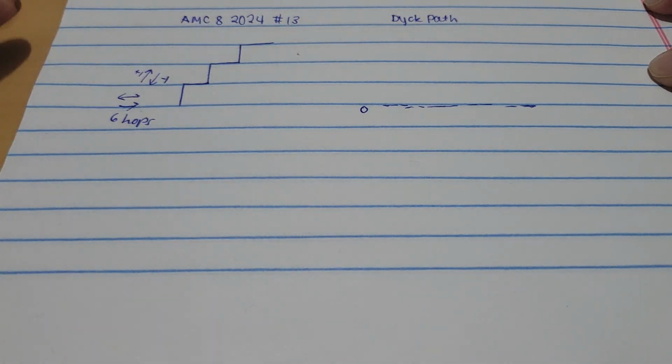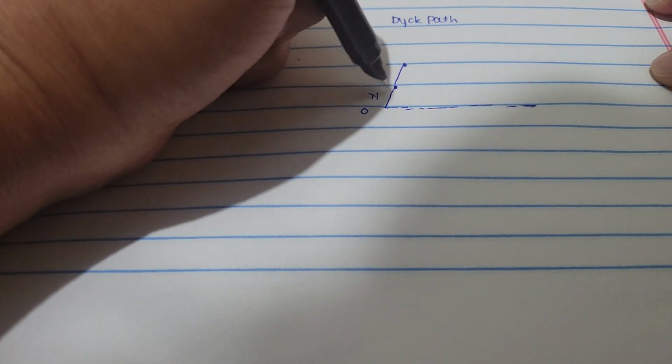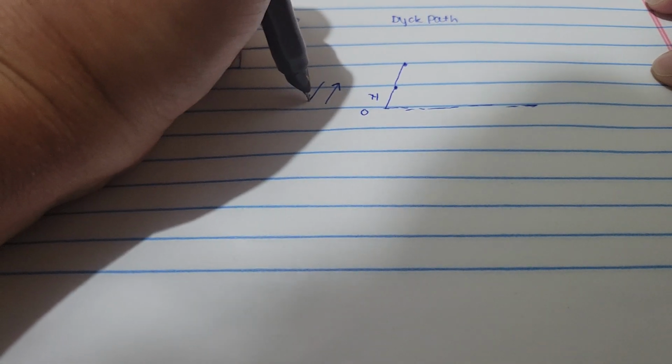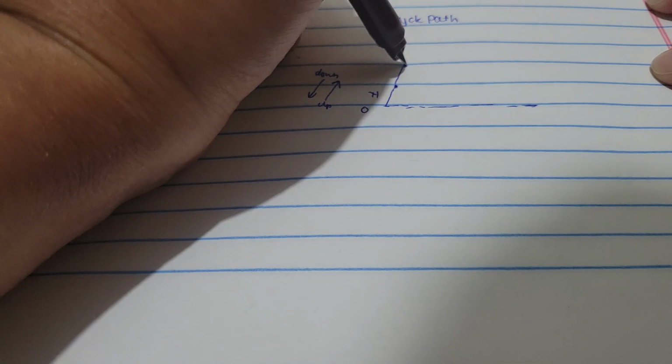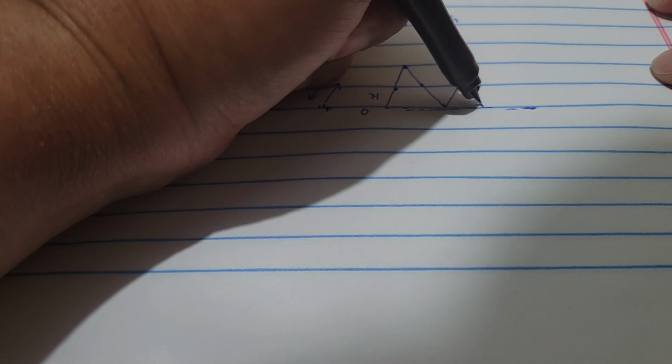So in fact, let's try to write out the example that they gave us, which is up, up, right? So this is +1. All of these are just going to be our ups, and all of these are going to be our downs. So up, up, and then down, down, and then up, down.